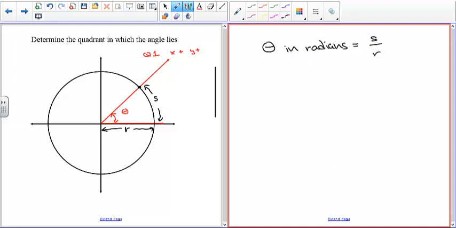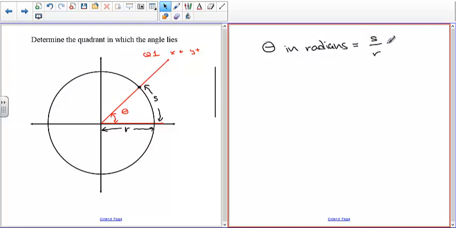If you take another circle and increase the radius by 50%, then the arc length S will also increase by 50%. So for a given ray that goes out in this direction, no matter what radius circle you use, the ratio of the arc length to the radius is the same along this path.